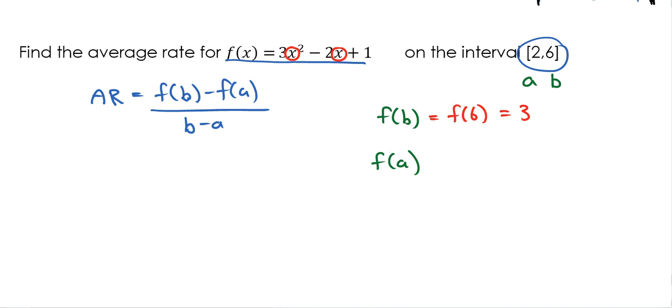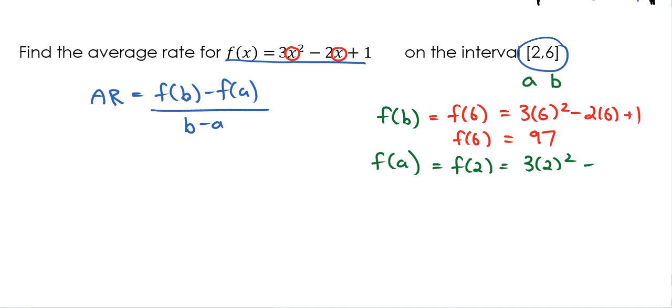So this is going to be 3 times 6 squared minus 2 times 6 plus 1. So f of 6 is going to equal 97. And for f of a, that's going to be f of 2, and that's going to be 3 times 2 squared minus 2 times 2 plus 1, and that's going to give me a value of 9.